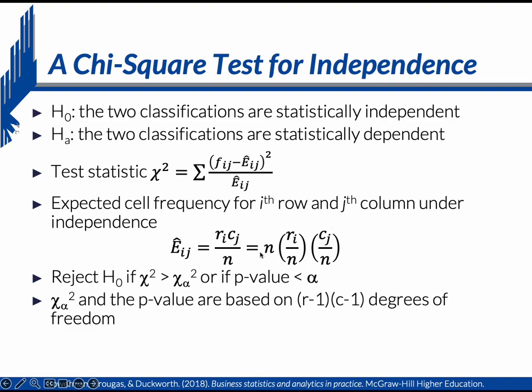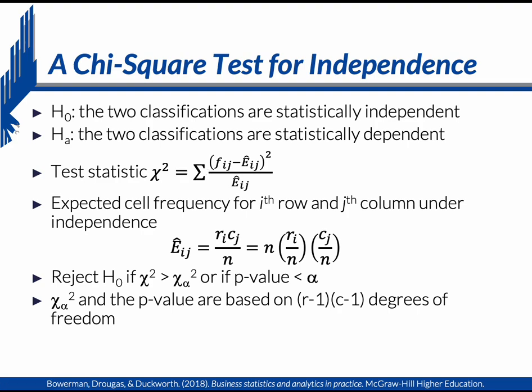Or in other words, we take the total sample size and multiply it by the proportion of the sample that is part of that particular category for one variable, and also the proportion of the sample that is part of the other category that we are looking at. Again, these two formulas are the same, and this formula gives us the expected frequency, which we will use to compute the test statistic.